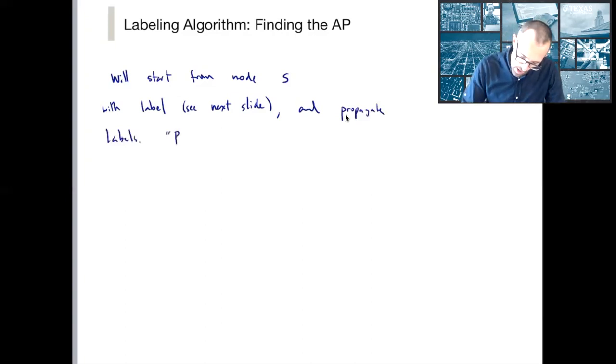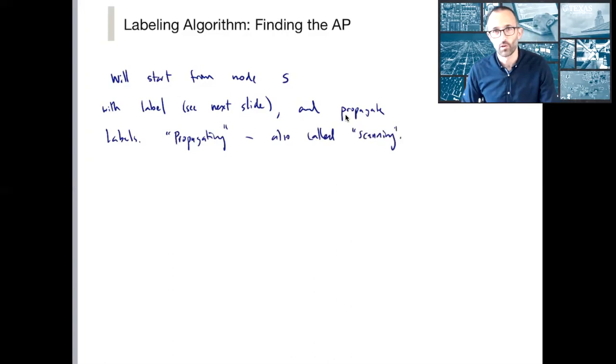This propagating step is also called scanning. Just giving you some of the basic jargon you might see. So you scan a node means looking at all of its neighbors, seeing which ones are eligible to be labeled, and we move on from there.